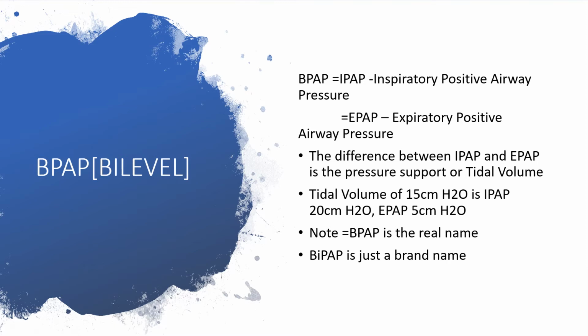The difference between IPAP and EPAP is the pressure support, or called the tidal volume. That is exactly what the patient will be using. For example, the pressure support of 15 centimeters of water will be set in such a way that the IPAP will be 20 centimeters of water and EPAP will be 5 centimeters of water. So the difference between the IPAP and EPAP is that 15, and that is what goes into the patient.